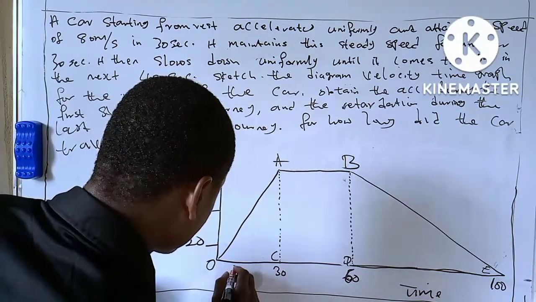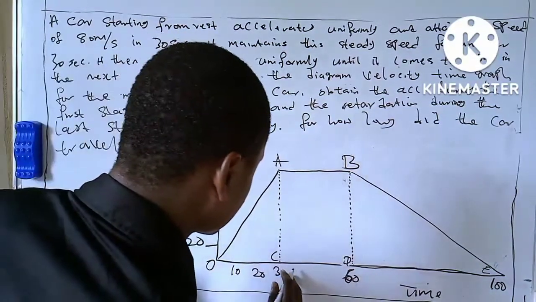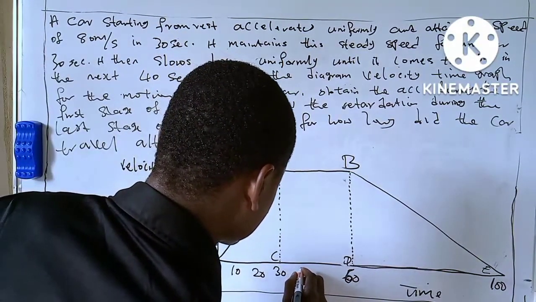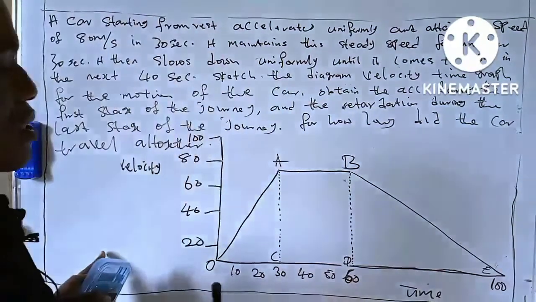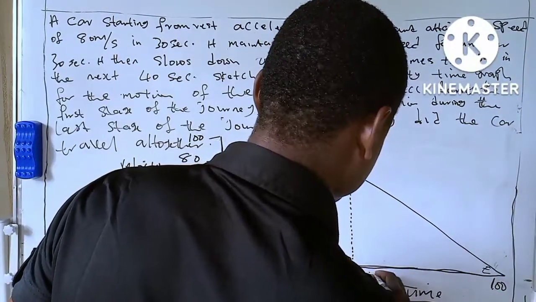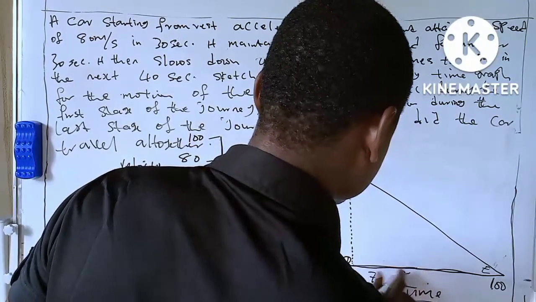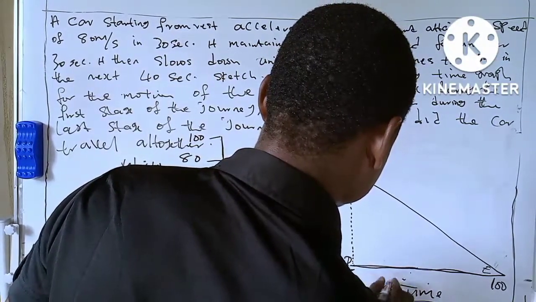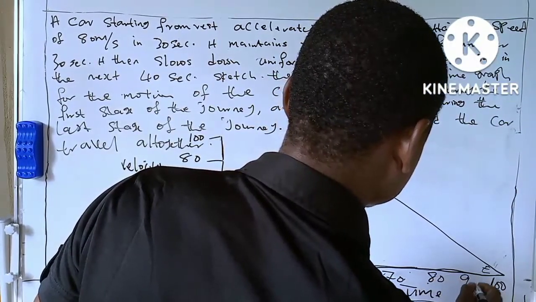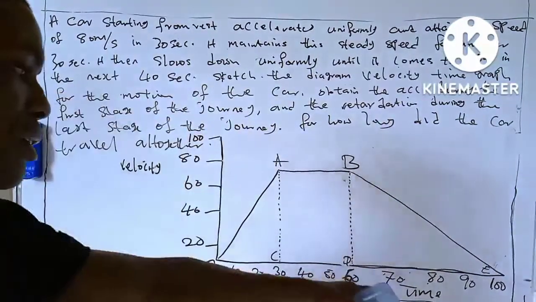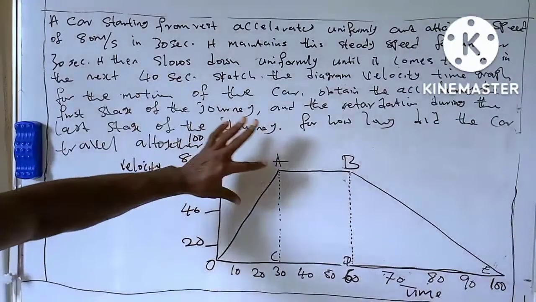So from here, you can say 10, 20, 30, 40, 50, 60, 70, 80, 90, and 100. Here is the time, in seconds. Okay, this is the first question.